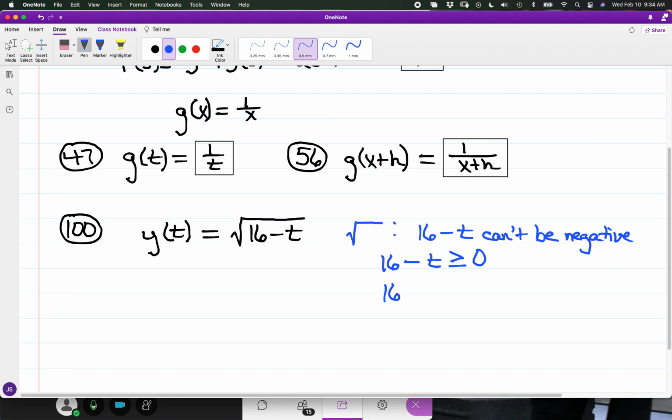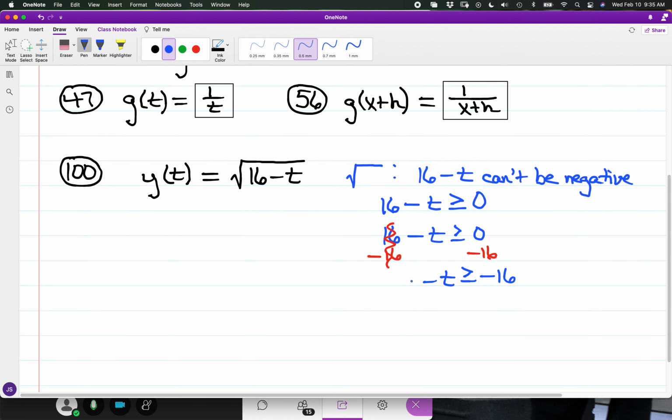It'll be those values of t where 16 minus t is greater than or equal to 0. If we look at isolating the variable term, upon taking 16 away from both sides, we're going to have on the left negative t is greater than or equal to negative 16.